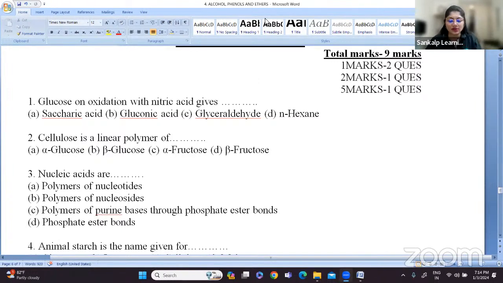This is a question from the structure elucidation of glucose, right? The options are A, saccharic acid, B, gluconic acid, C, glyceraldehyde, and D, n-hexane. Yes, students?